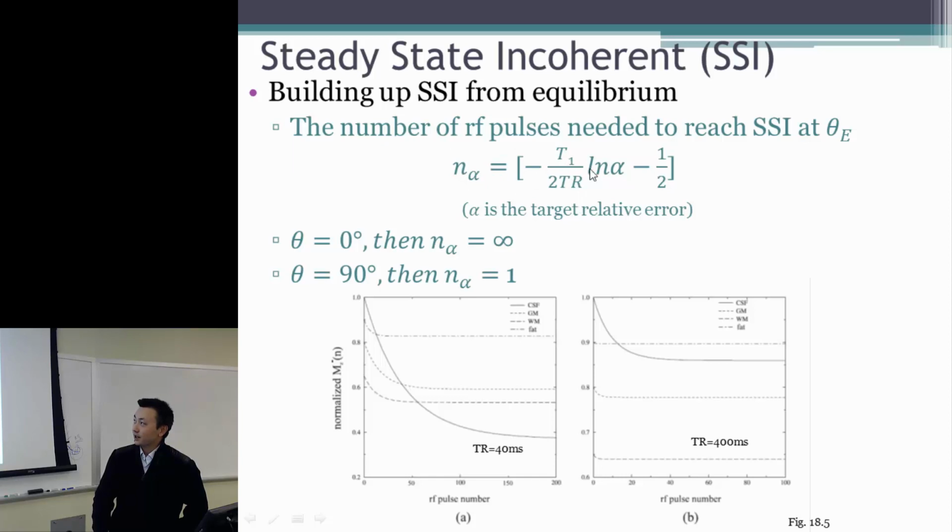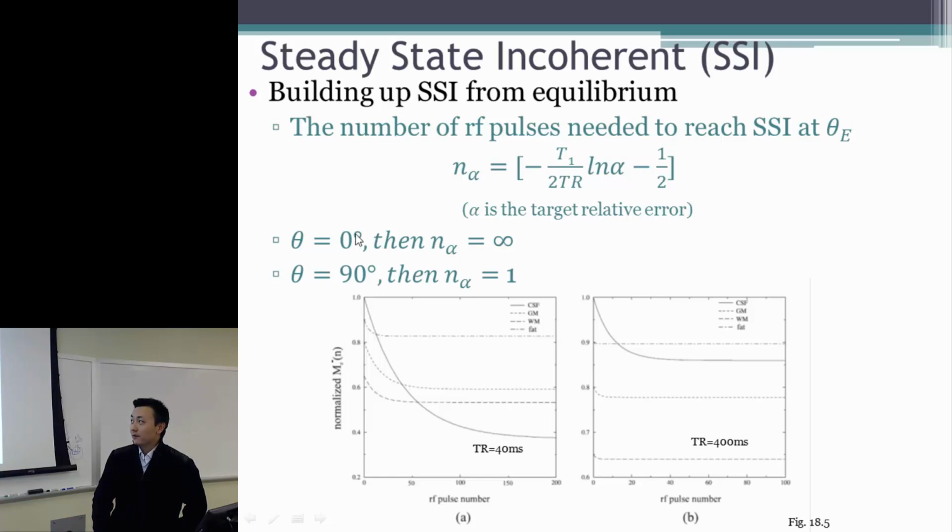This is shown here with this expression, which is basically T1 over 2TR. Alpha here is the target relative error. So we want to make sure that the variation of the signal is small enough so that we can call it a steady state.